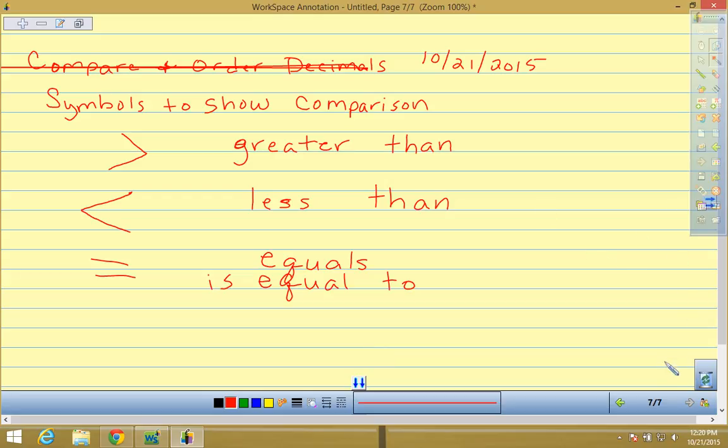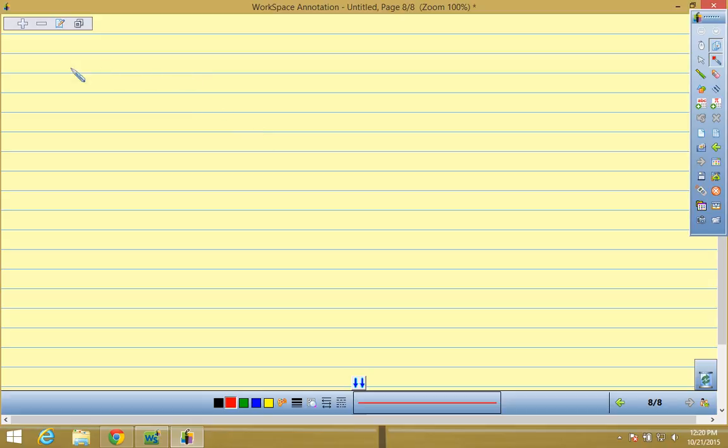So let's talk about these symbols a little bit more specifically. So when we're looking at the greater than symbol, we read number sentences from left to right, just like word sentences, right? So we read from left to right.